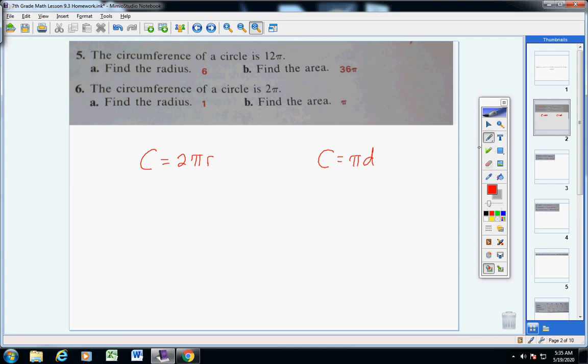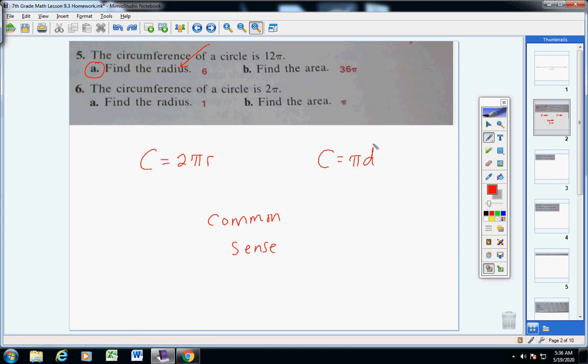But what I do want you to use is common sense, okay? Look, for part A, they want us to find the what? The radius. So why would I use this formula here? Nowhere in this formula do you see the letter what? R. So that doesn't make any sense, guys.